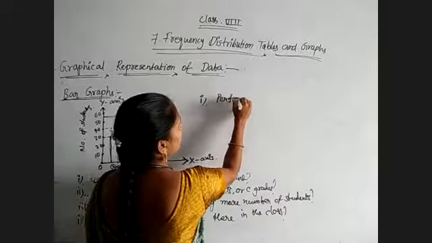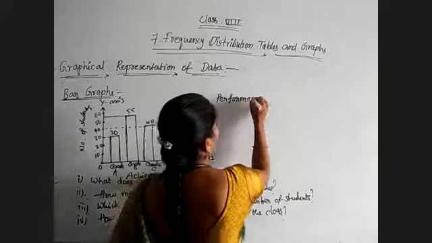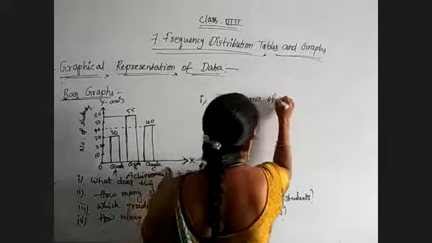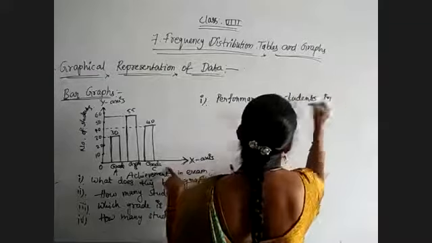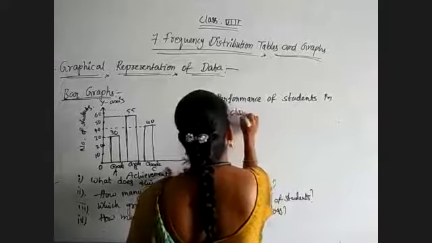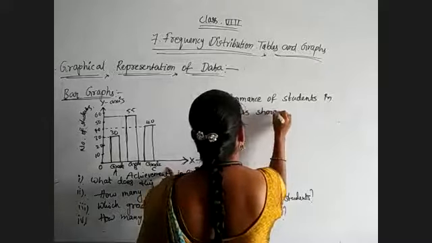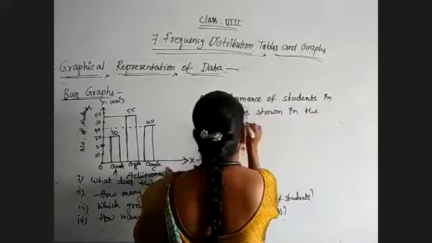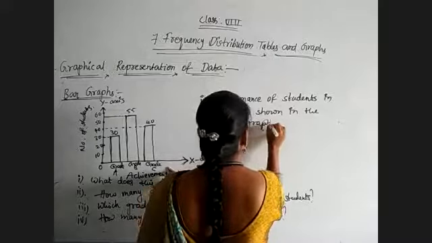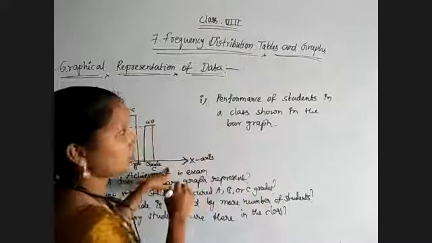The first question is about the performance of the students in the exam. Performance of students in a class is shown in the bar graph. You can write these sentences as you wish.